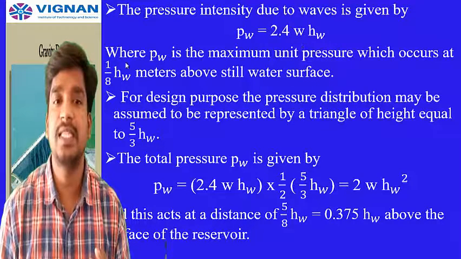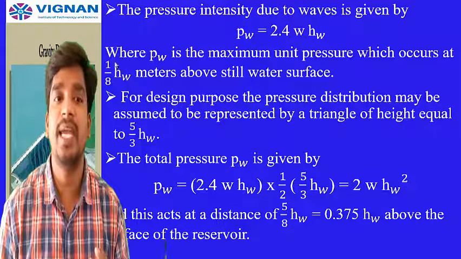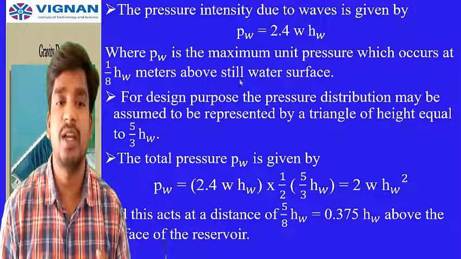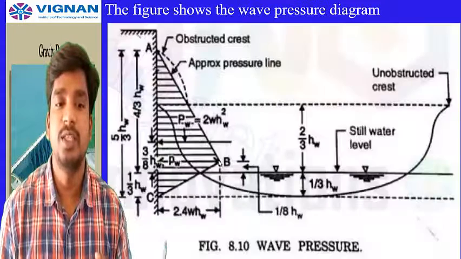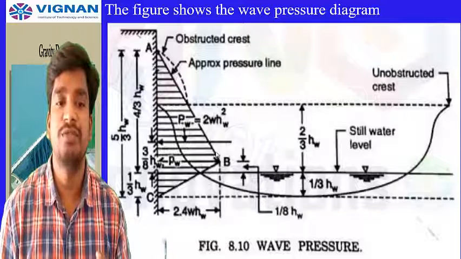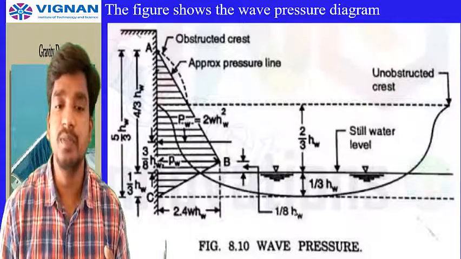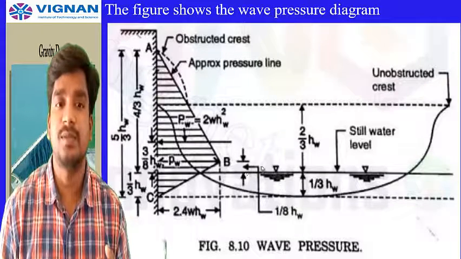Here Pw is the maximum unit pressure which occurs at a distance of 1 by 8 of Hw meters above the still water. This Pw, 2.4 into w into Hw, is acting at this point in this direction, at a distance of 1/8 of Hw from the still surface.